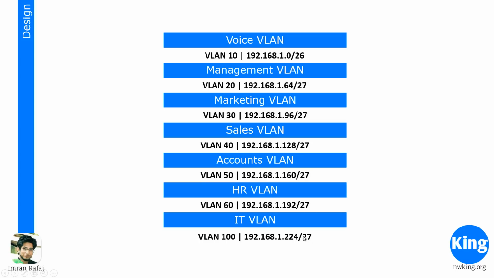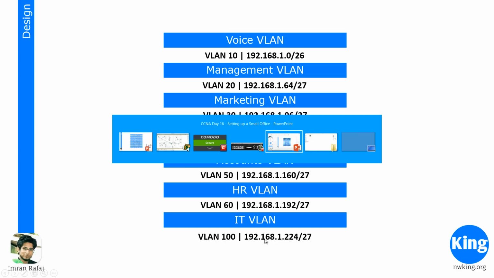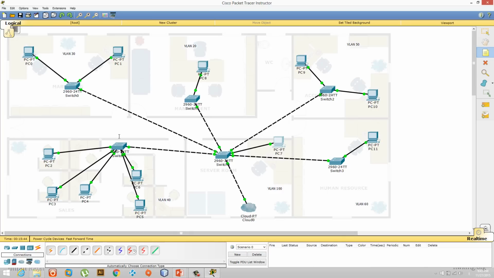So from 224/27 in this network, we will give an IP address. So we will create interface VLAN 100 and give an IP address from that range. This is how we give it. And then this PC sitting here, you can telnet into those devices or SSH into those devices and manage them.